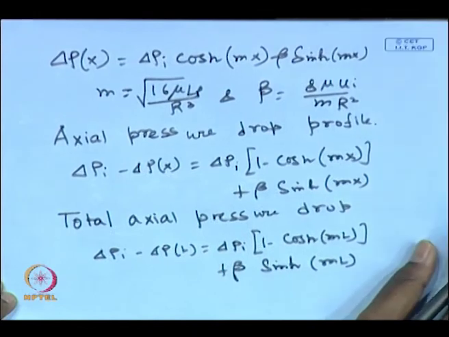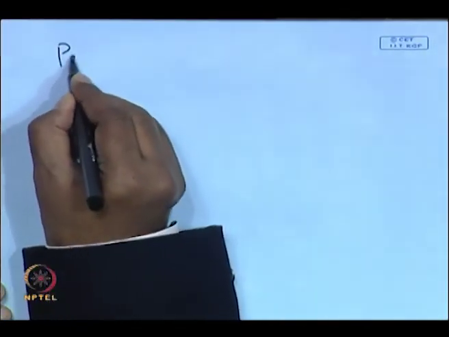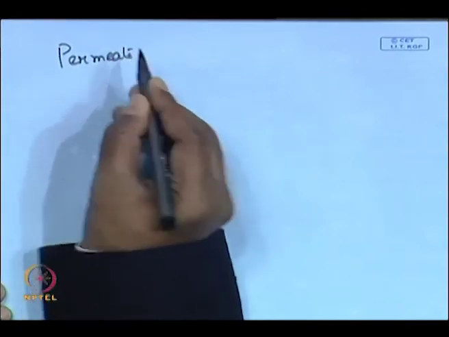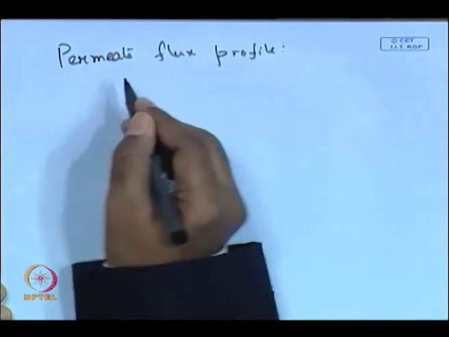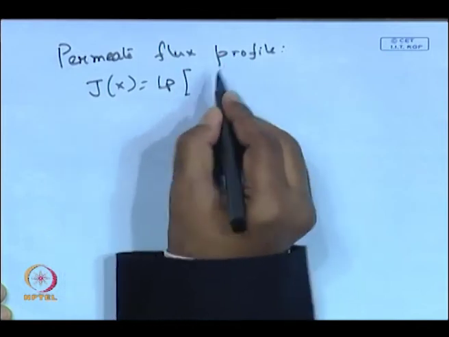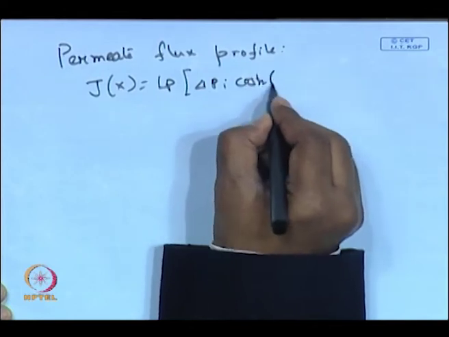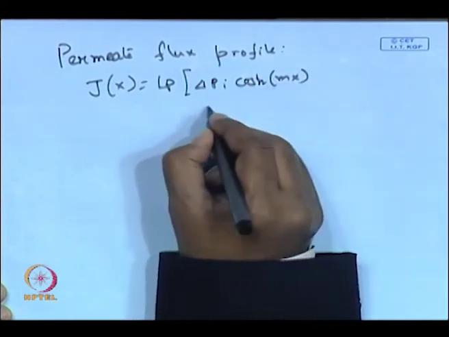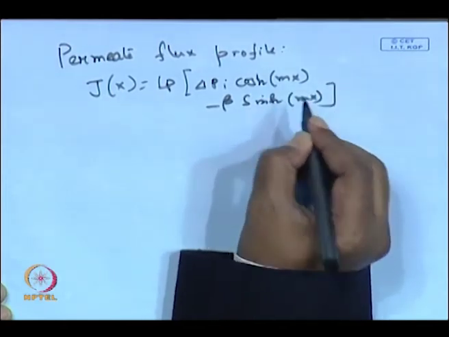Substituting the delta P profile, the permeate flux profile becomes J of x is Lp times delta P in times cosh mx minus beta sinh mx.